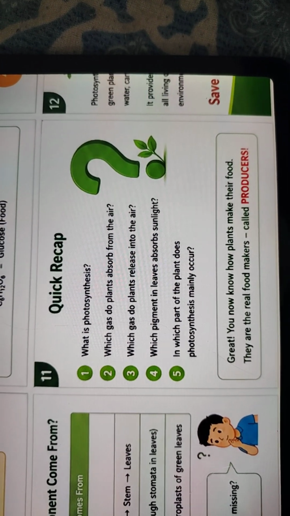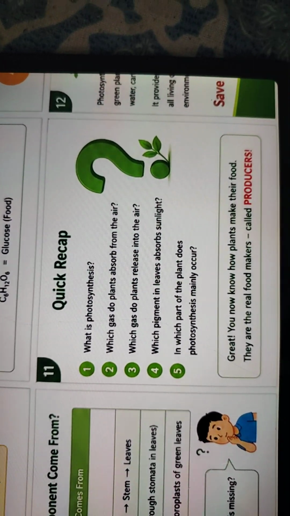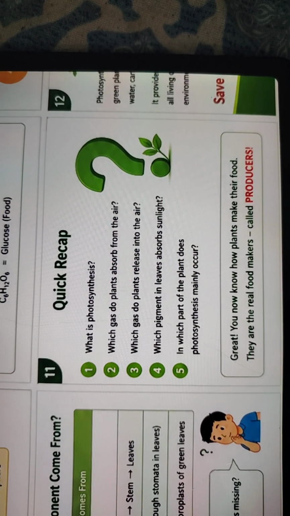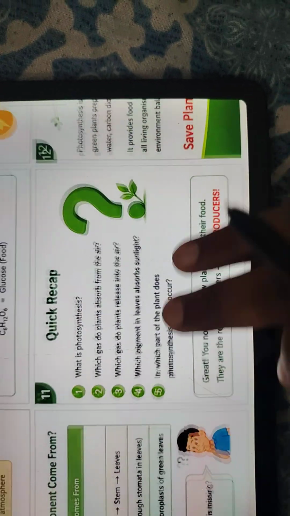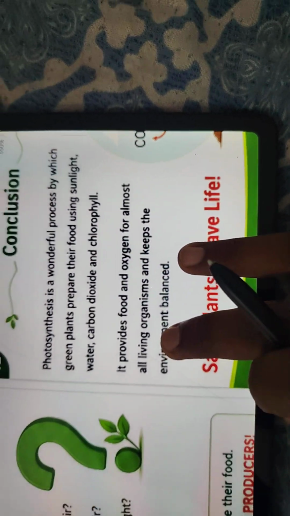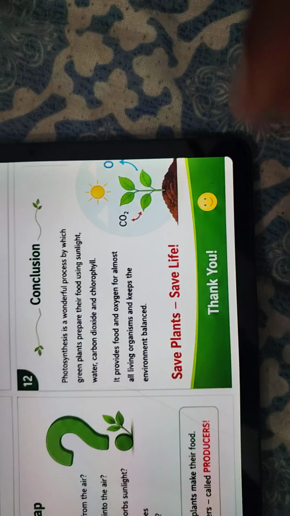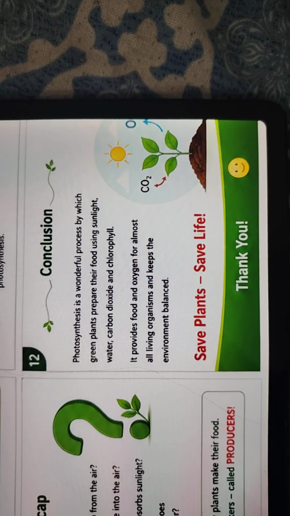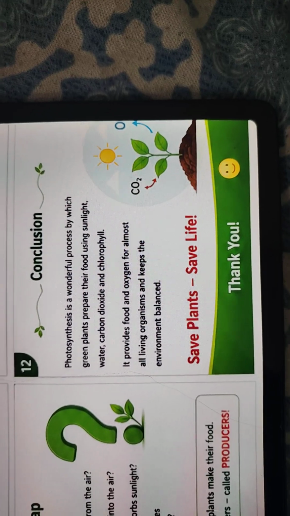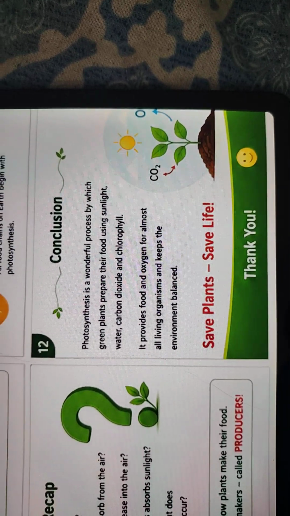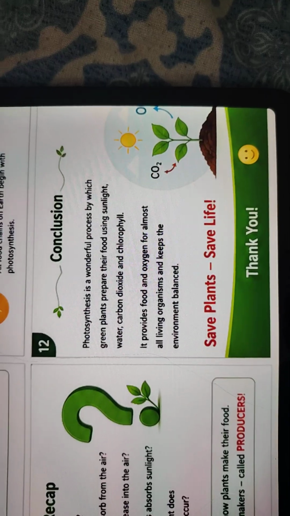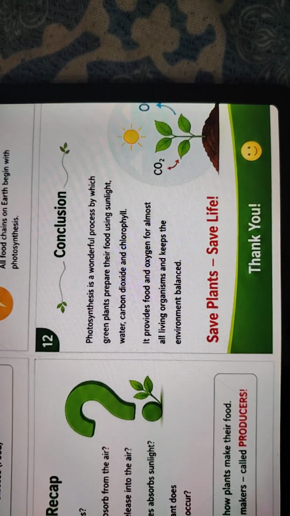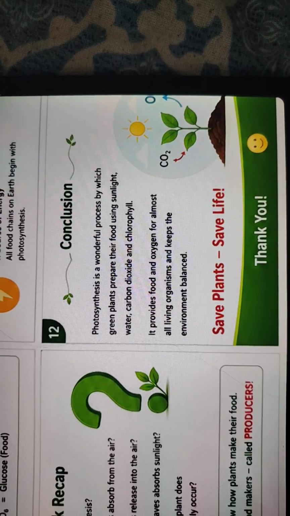Green leaves. Okay, so now you know how plants make their food with the help of photosynthesis. So now the conclusion. Photosynthesis is a wonderful process by which green plants prepare their food using sunlight, water, carbon dioxide, and chlorophyll. It provides food and oxygen for almost all living organisms and keeps the environment balanced.